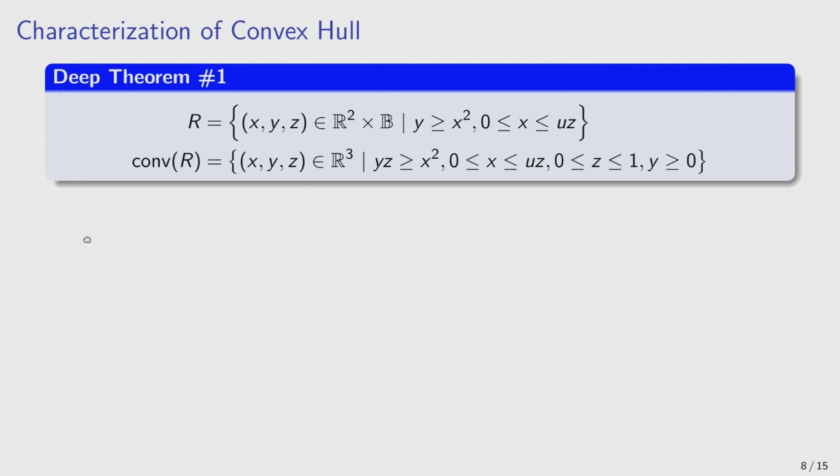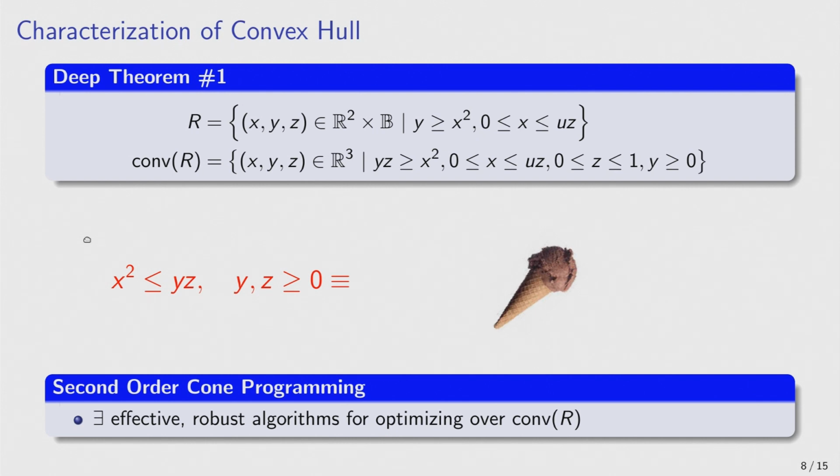And now we have this funny looking bilinear term, YZ is greater or equal to X squared. So this looks like we've made one of the mistakes of multiplying bilinear functions and linear functions. But in this case, that's okay because it's actually a binary variable. And so what this set is, in fact, is a cone.